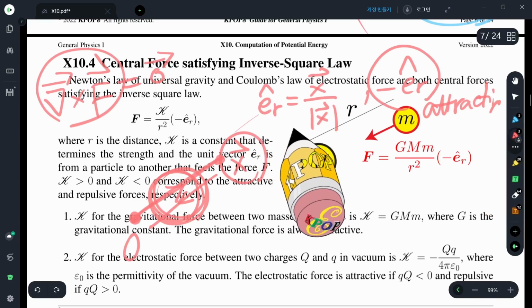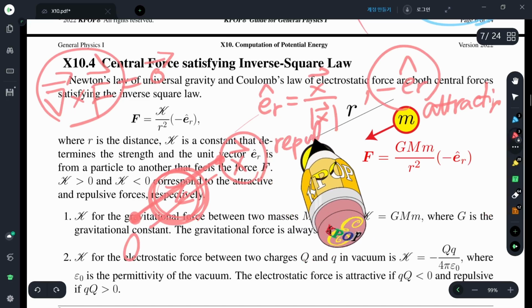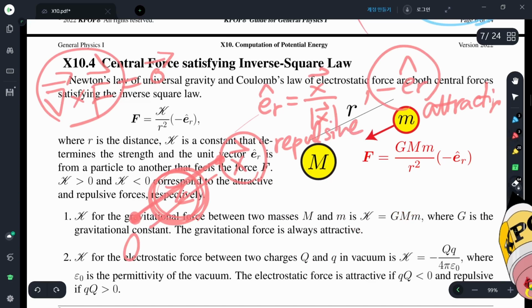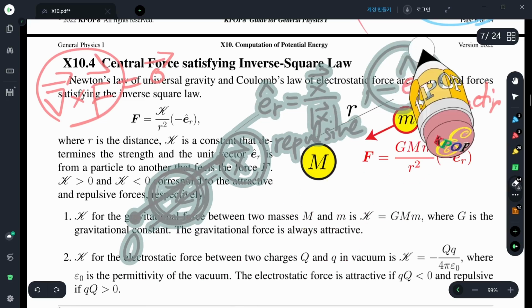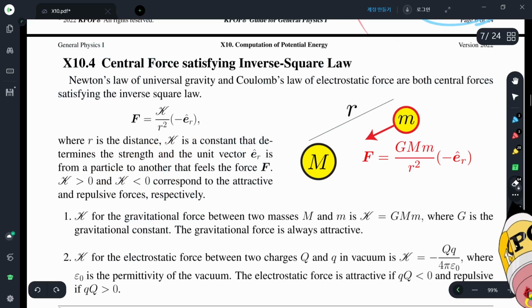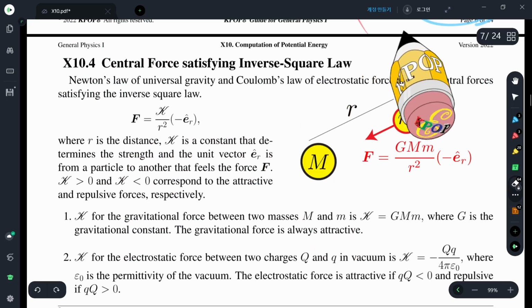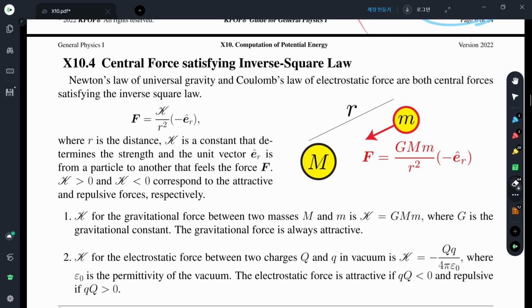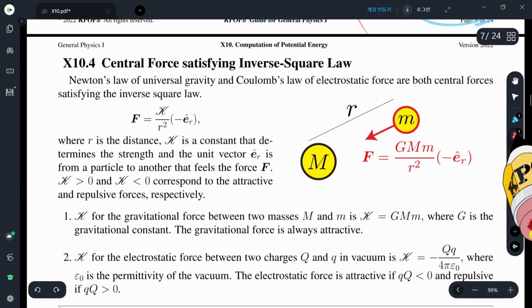If it is a plus e_r, it is repulsive. So the central force is always conservative, and there exists a potential, and we don't have to worry about the path. It must be path independent, and we choose a single direction to compute the potential energy.